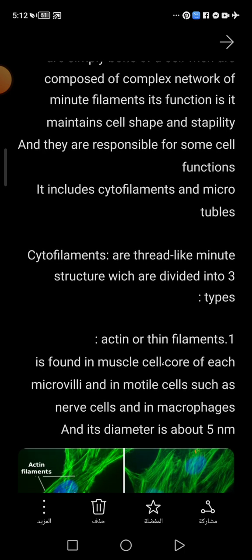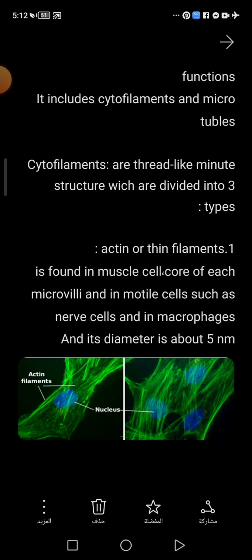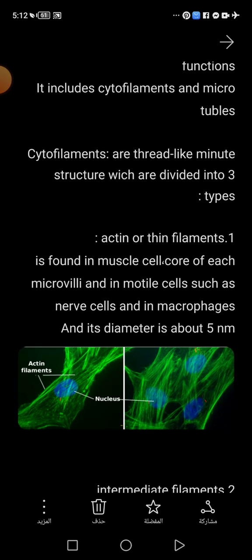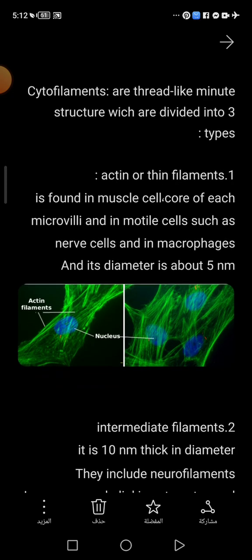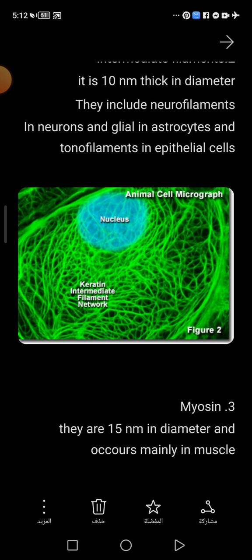Cytofilaments are thread-like minute structures which are divided into three types. In every cell we have filaments: actin or thin filaments, intermediate filaments, and myosin or thick filaments.